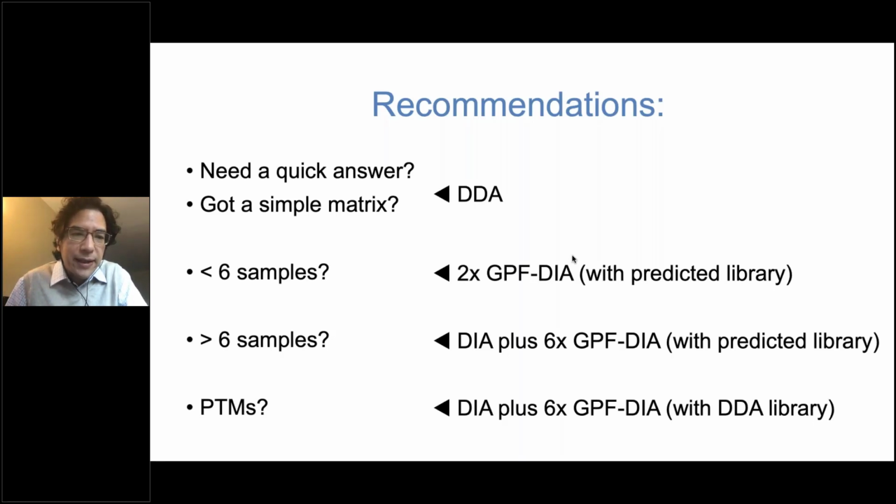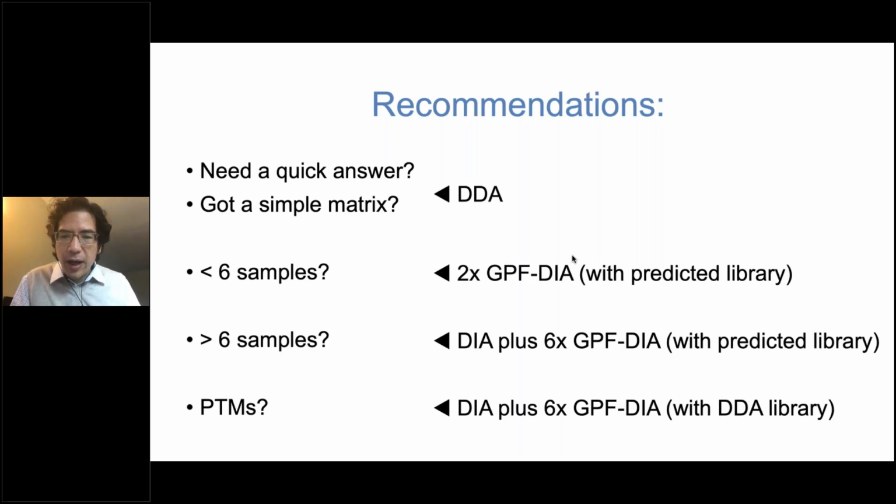So if you've got fewer than 6 samples, this 2 times gas phase fractionated DIA analysis method is a fairly good strategy, and here you would just search that with a predicted library. If you have more than 6 samples in your experiment, we recommend building a gas phase fractionated library and then searching that with one of these predicted libraries.